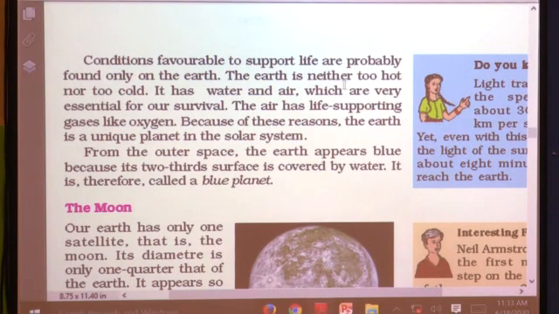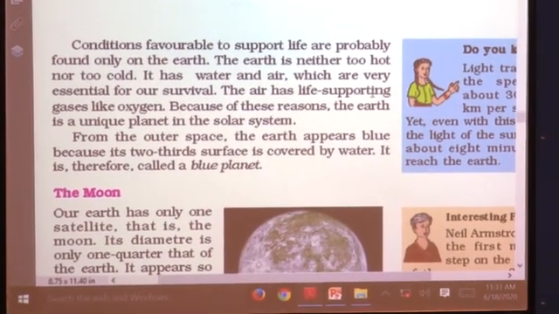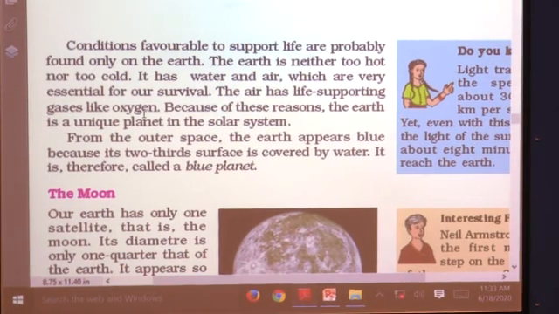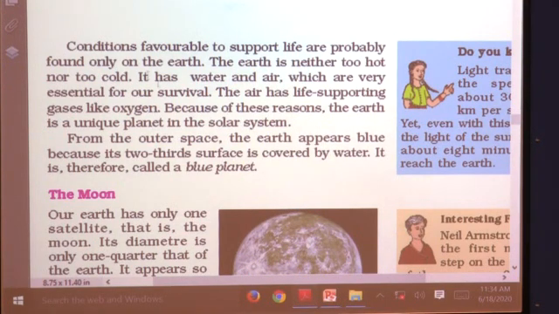The earth is neither too hot nor too cold. It has water and air which are very essential for our survival. The air has life supporting gases like oxygen. So this earth has air, and this air has life supporting gases like oxygen, which we require for breathing, one important essential gas, children.